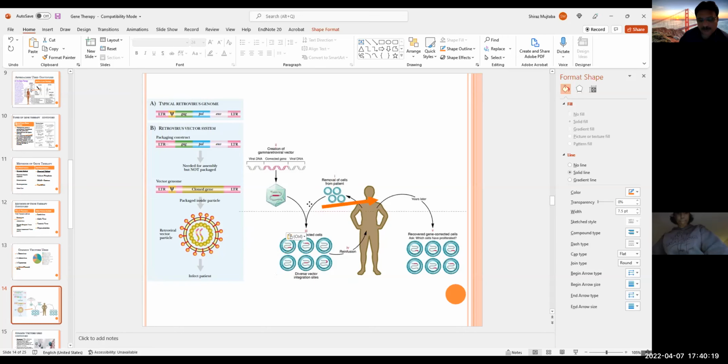This is the most critical part here. Even taking out the cells from the patient is doable, of course, but this is the most critical stage despite all the investment.